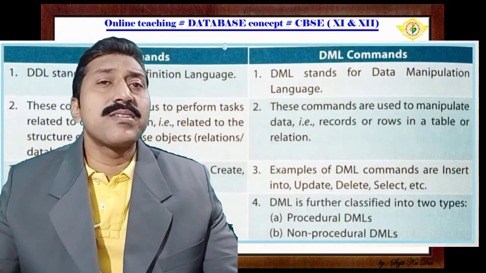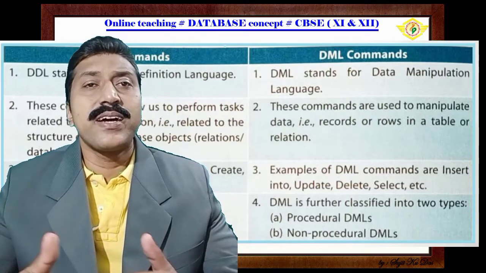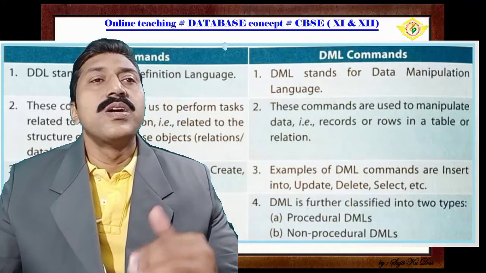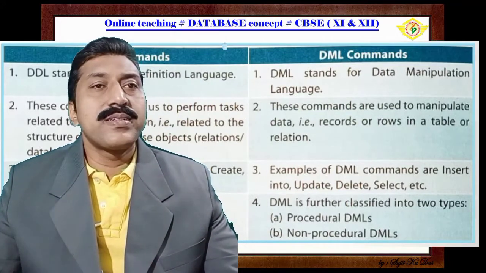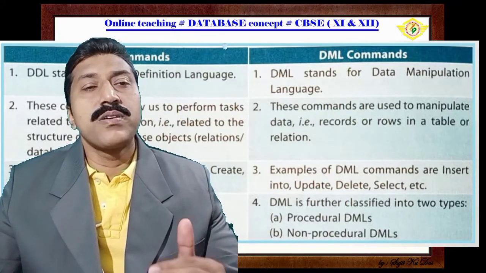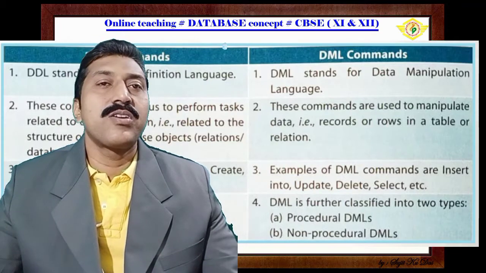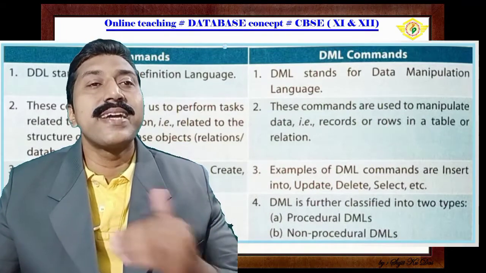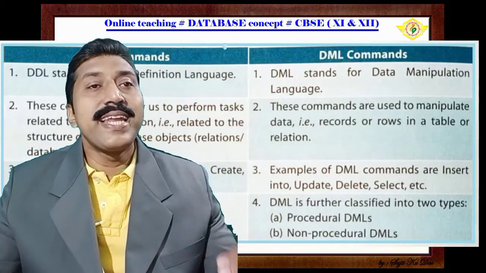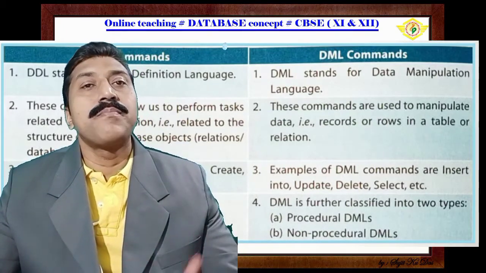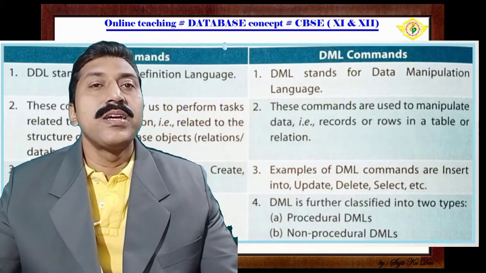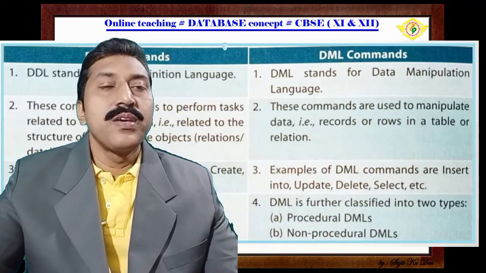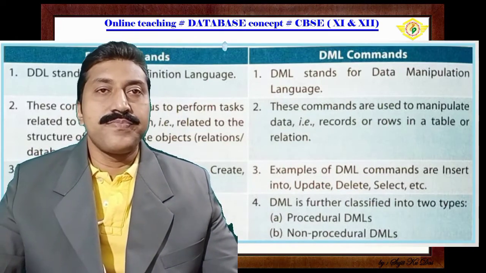But in DML, these commands are used to manipulate the data, that is records or rows in columns or relations. Number 3, examples of the DDL commands are alter, drop, grant, create, etc. In case of DML, examples are update, delete, select, etc. Number 4, DDL is not further classified, but DML is classified into procedural and non-procedural DML. So these are some differences.